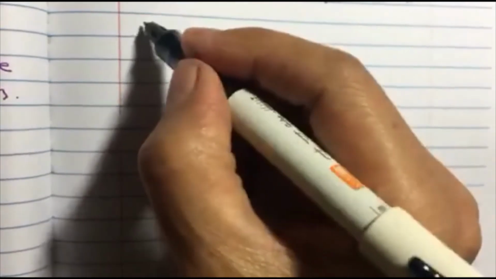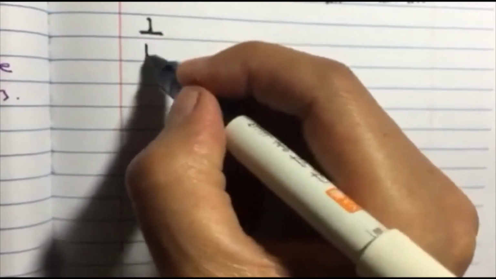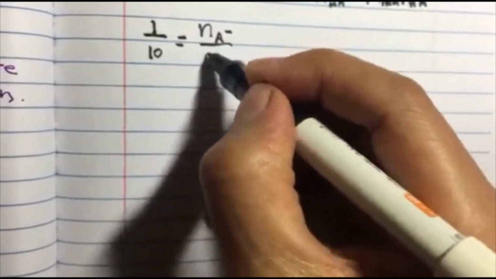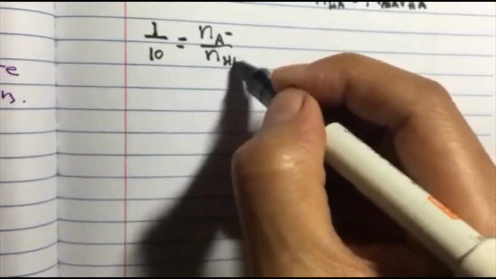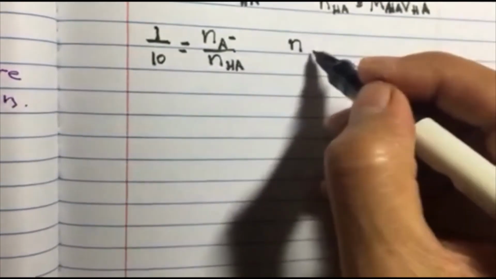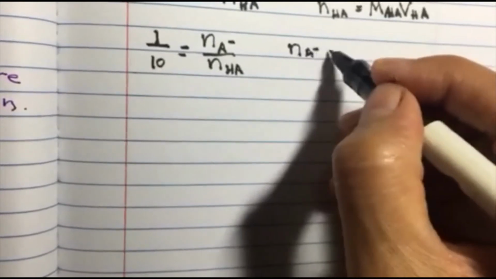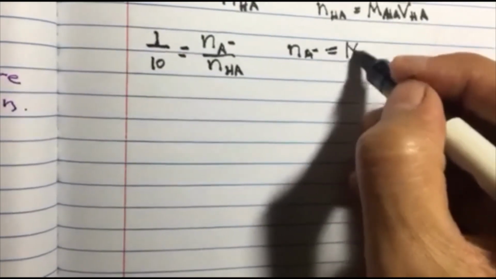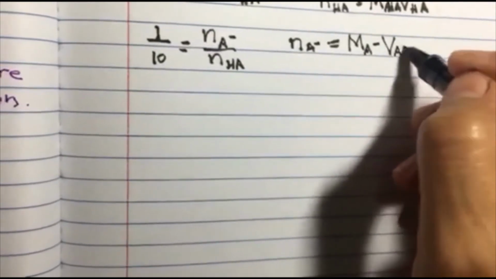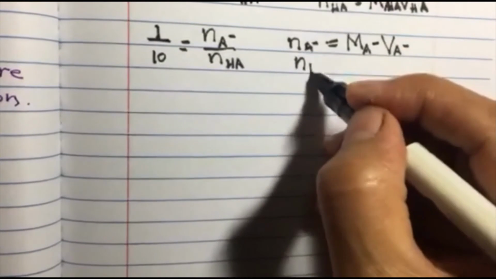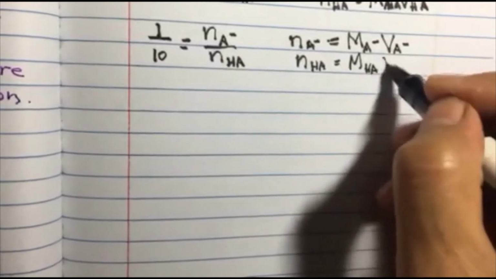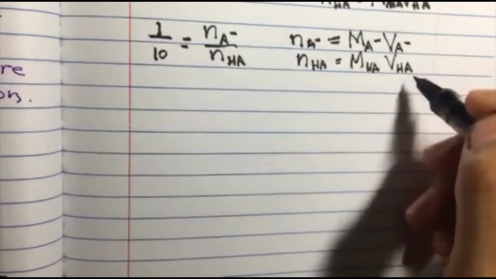Okay, so we carry on with the previous equation: 1 over 10 is equal to the number of moles of the conjugate base over the number of moles of the acid. We can recall that if we have liquid solutions, we can calculate the number of moles of the conjugate base by multiplying the molarity of that conjugate base times the volume of the conjugate base, which is also true for the acid: molarity of the acid times the volume of the acid.